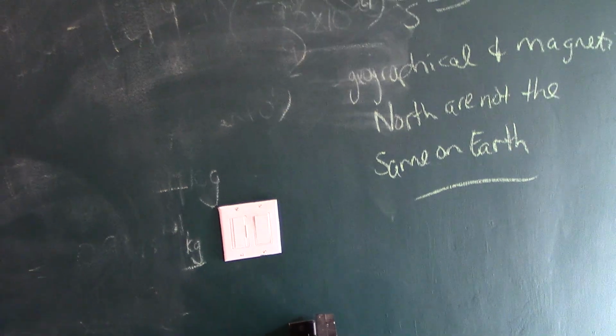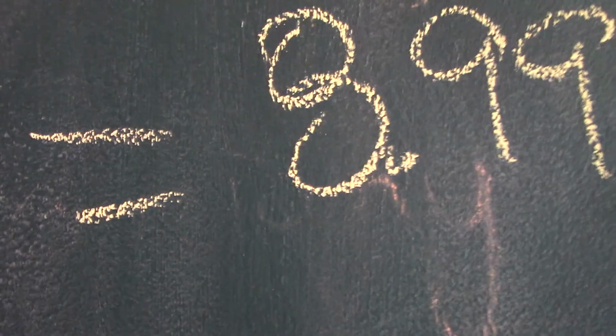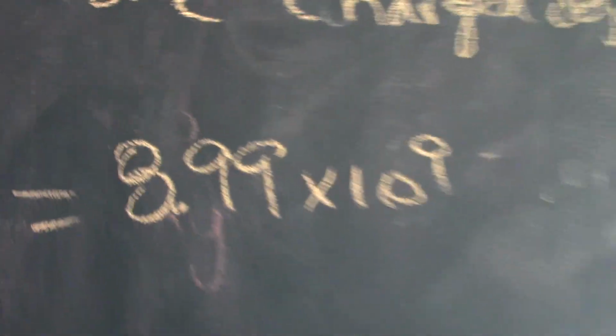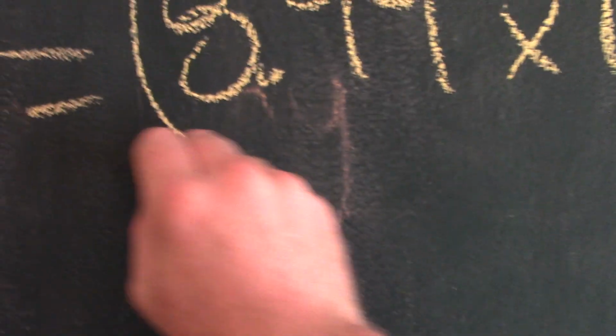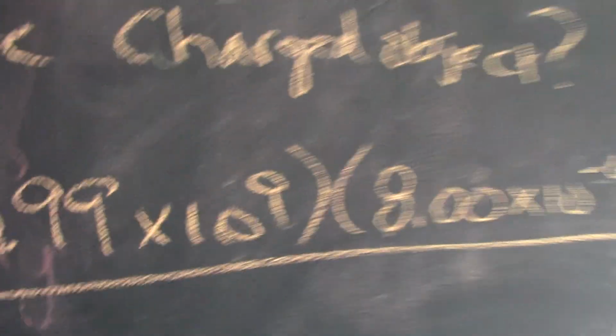All right, and what do I have for values? My k value is, from my data booklet, 8.99 times 10 to the 9. That's my k. My charge, Q, is 8.0 times 10 to the negative 6th coulombs, because it's microcoulombs.